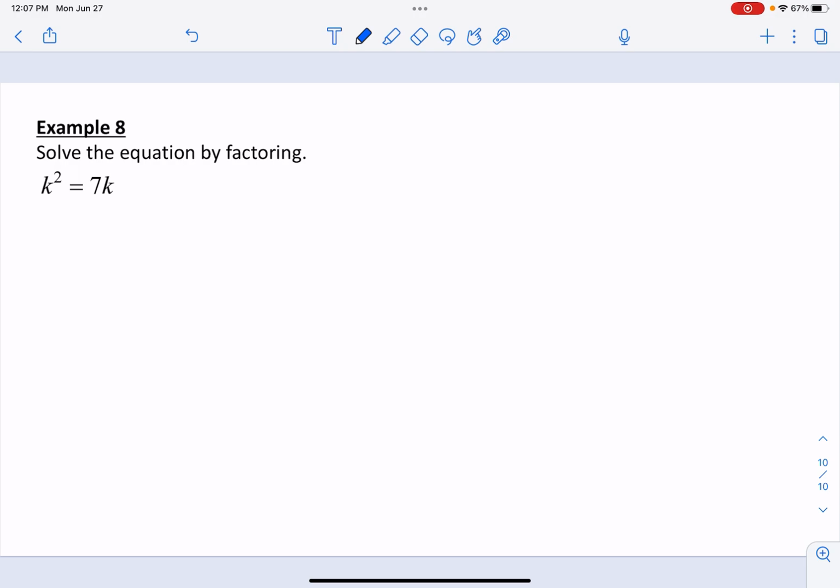Okay, solving this equation by factoring. I have to get one side to equal 0. Now this one's a little different because it's not the factoring pattern we've been doing. I think we actually cover it in a later section, but I want to preface it now. This is factor by GCF.